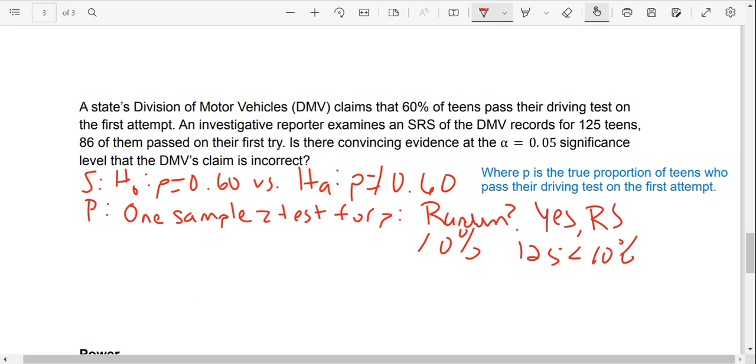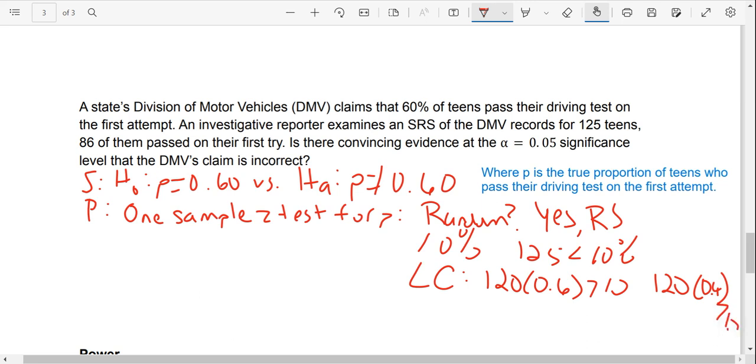Guaranteed, right? There's a lot of teens out there, right? How about large counts? Well, abbreviate to LC. Large counts. 125 times 0.6 is greater than 10. Guaranteed. And so is 125 times 0.4. Also greater than 10. We're all good.